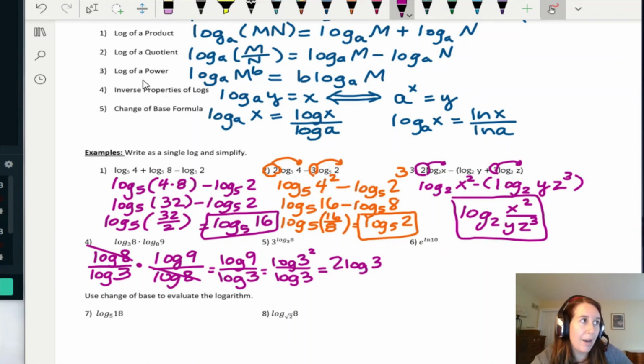That's just the log of a power property, and that's divided by log 3. And then log 3 divided by log 3 is 1. So this is equal to 2. Okay? Now, at this point, when you had log 9 divided by log 3, if you typed that into your calculator, it would tell you it was 2. But it's kind of nice to see why that happens, of course.